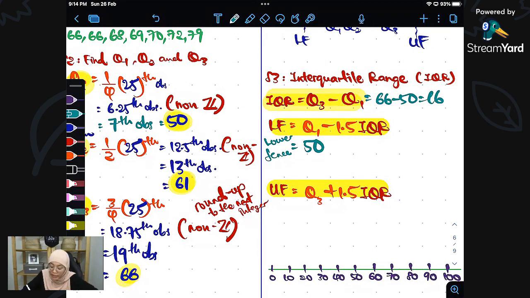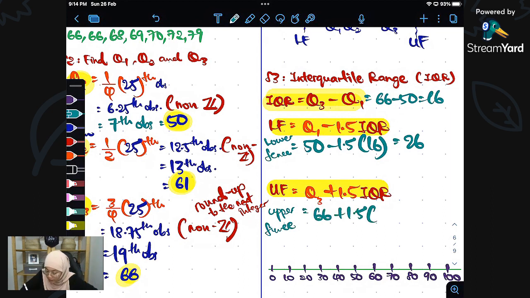Lower fence equals 50 minus 1.5 times 16, and you will get the answer, which is 26. And then the upper fence, write it down there: Q3 is 66 plus 1.5 times 16. The answer is 90.